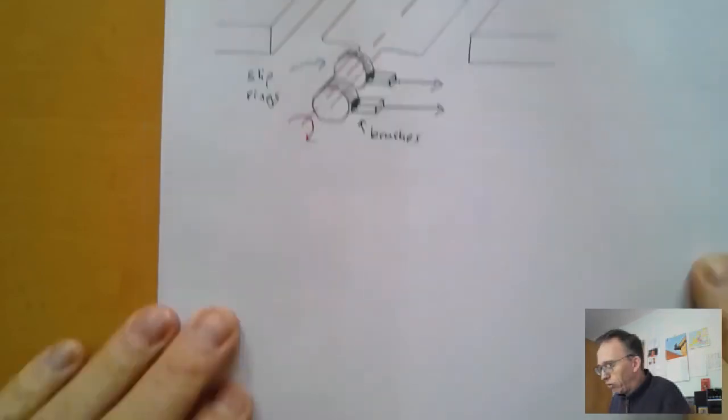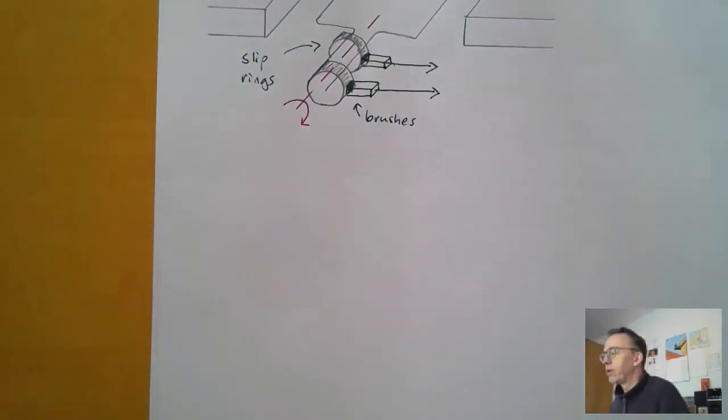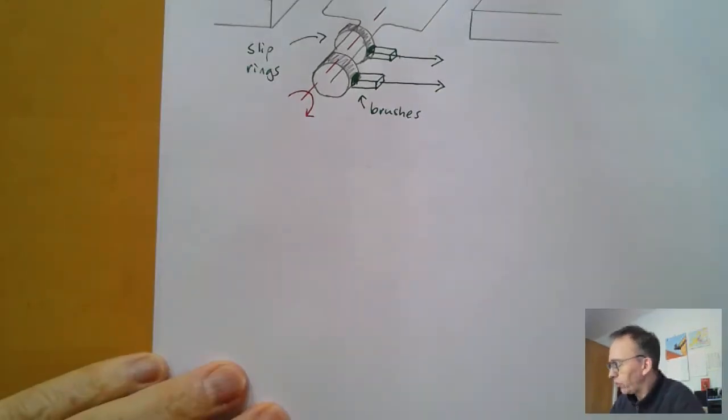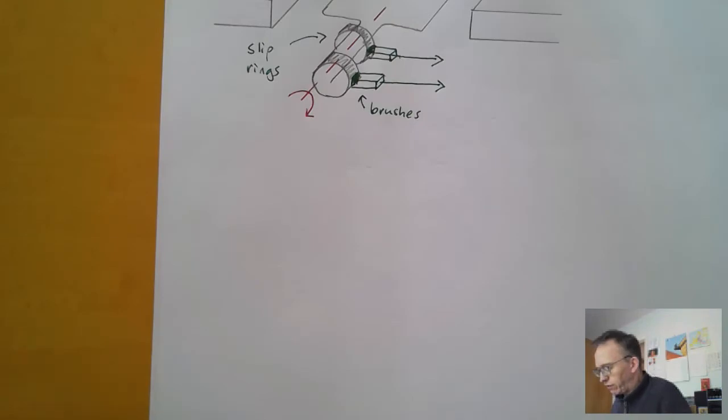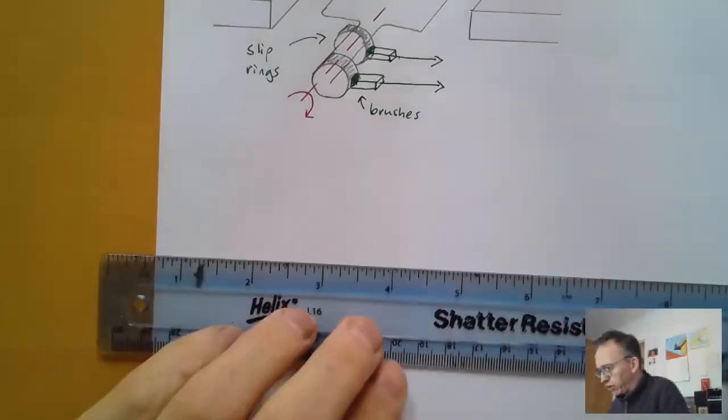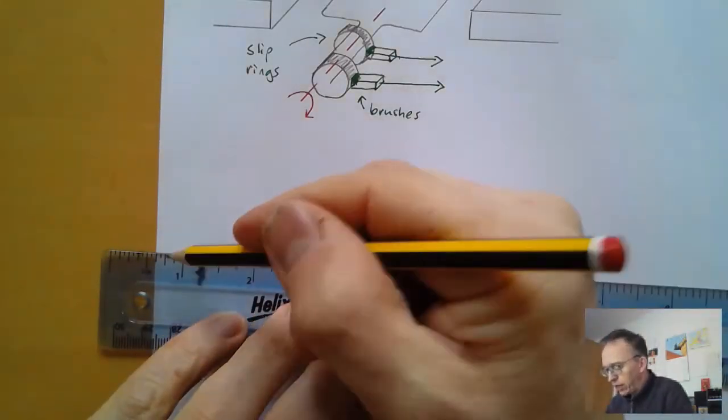Now, what we'll do now is we'll go schematic, and we'll draw a series of diagrams, I think, across the page. I'm just going to make myself a little construction line here.